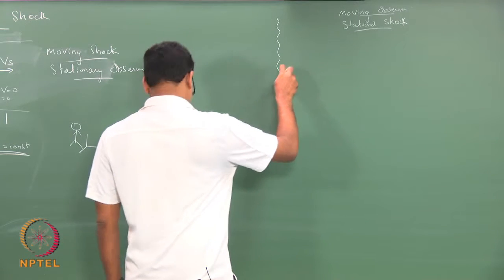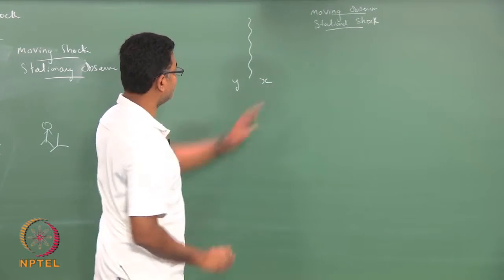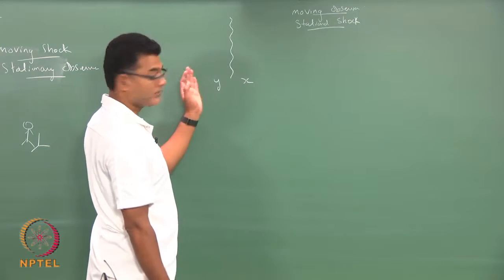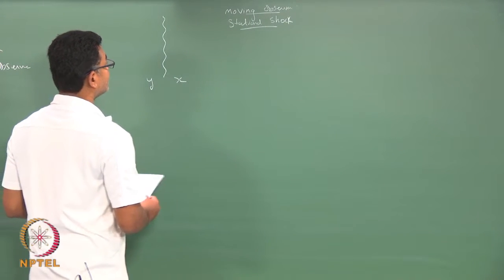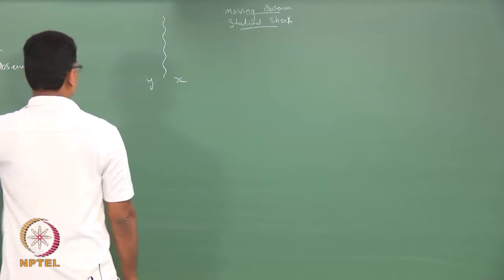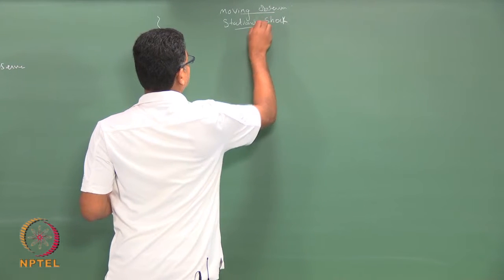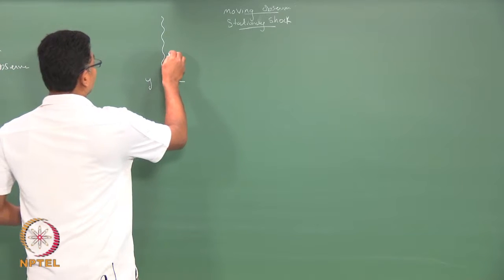Here I would have x and y, where x is before the shock and y is after the shock, or behind the shock, as we called it in the stationary shock.